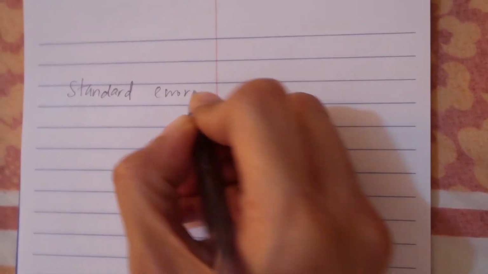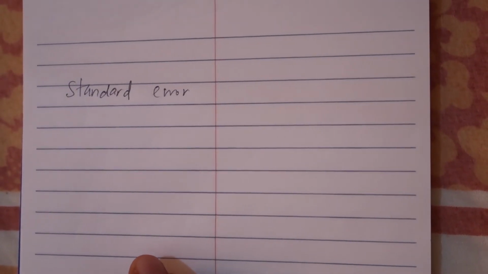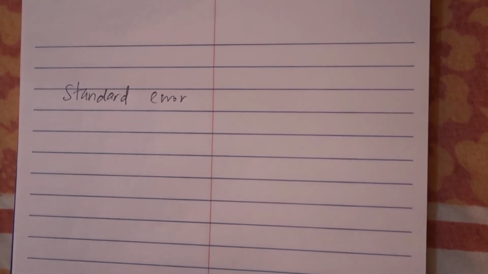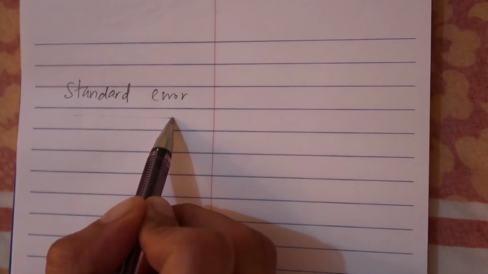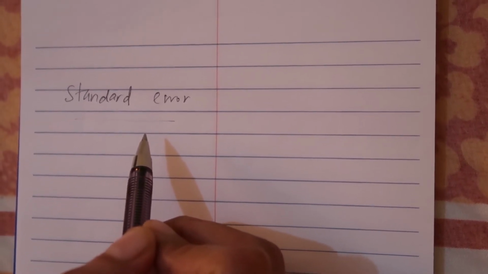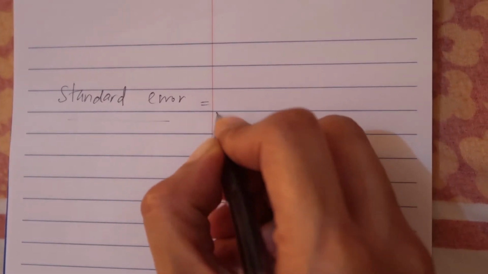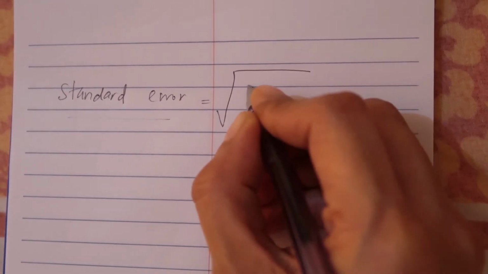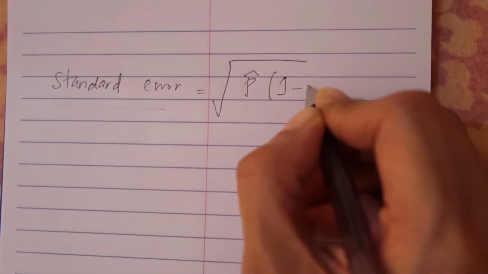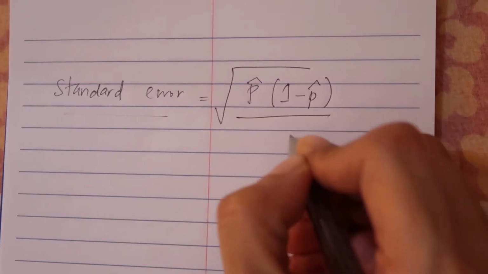For the standard error, another term for that is the standard deviation of the sample proportion, since we're talking about proportion. That will be equal to the square root of p hat, which is your sample proportion, multiplied by 1 minus p hat, over n.